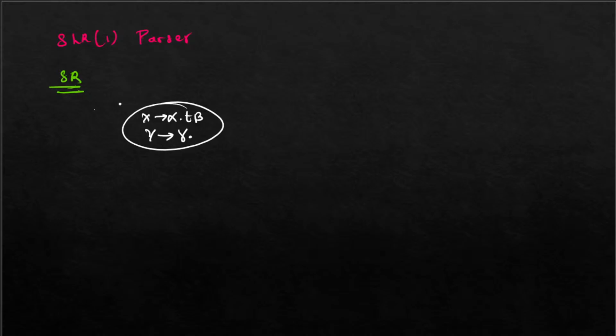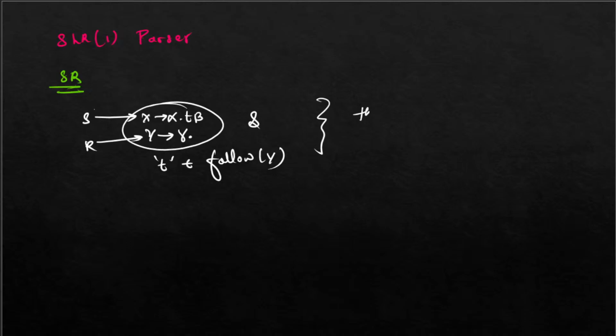So this is S and this is R, but here we have to check whether this t belongs to the follow of Y or not. So this is AND. First SR should be there and t should belong to the follow of Y. If this is the case, then this is an SR conflict.